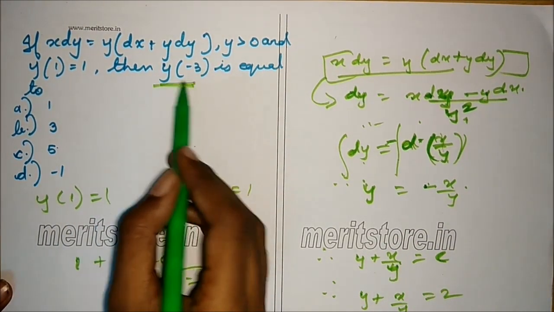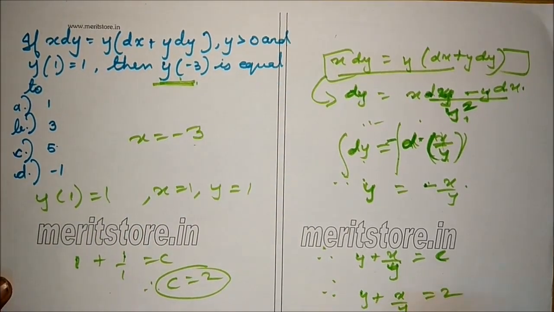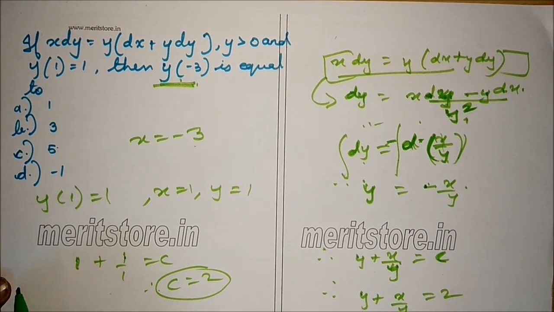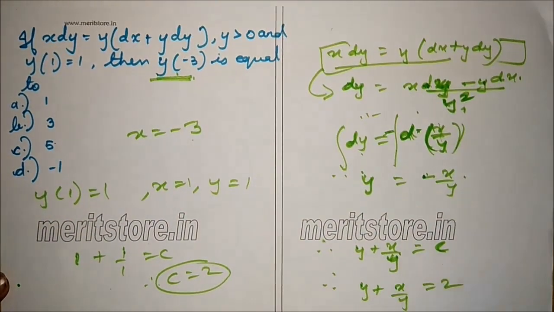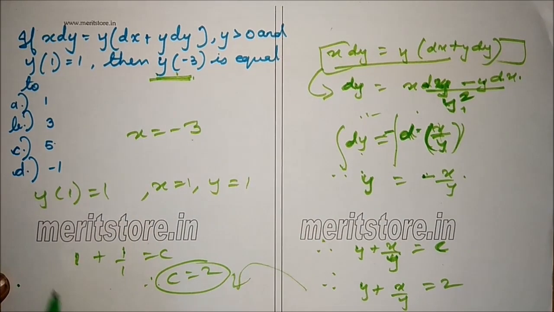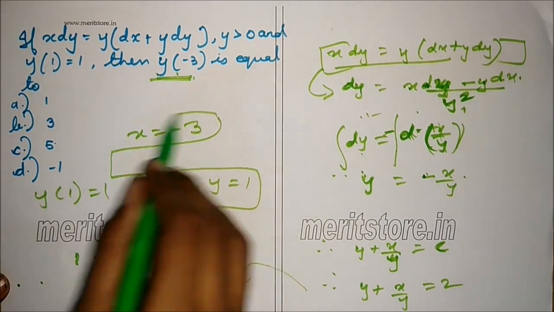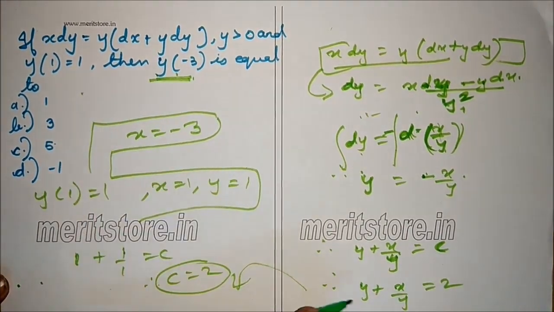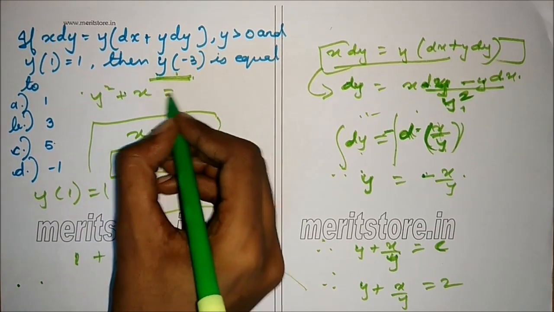So we have to find the value of y of minus 3, that is when x is minus 3. Multiplying throughout by y, we get y square plus x equals 2y.